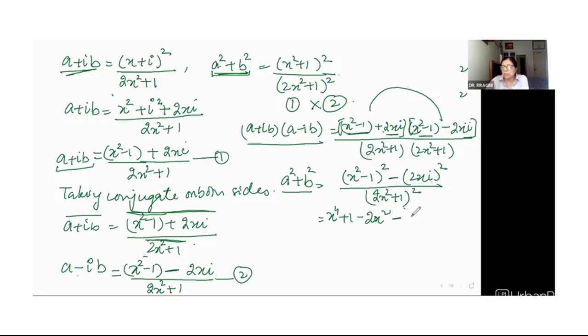This is minus 4x square iota square, with 2x square plus 1 whole square. Now try to understand this thing. This iota square is nothing but minus 1, so it just makes it plus 4. This is minus 2x square. This is plus 4x square.